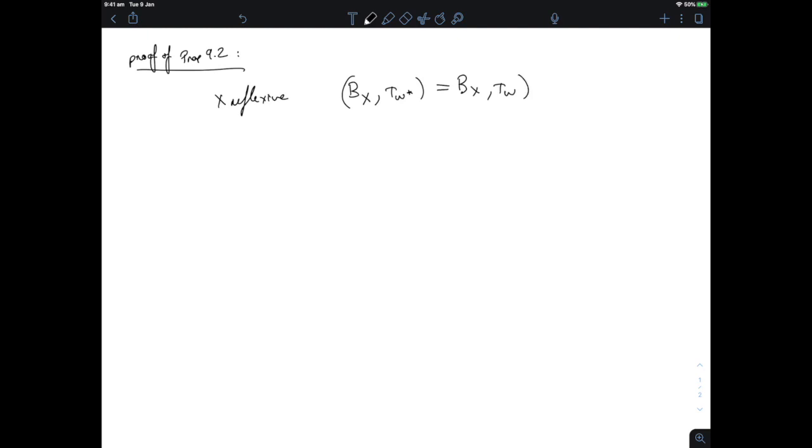So I have this identification of the weak star and the weak topology on the unit ball of X by reflexivity, just by definition of what these topologies are. But in the meantime, by the Banach-Alaoglu theorem, I have that the unit ball is weak star compact. But if weak and weak star are the same thing on the unit ball of X, I get that the unit ball of X is weakly compact.